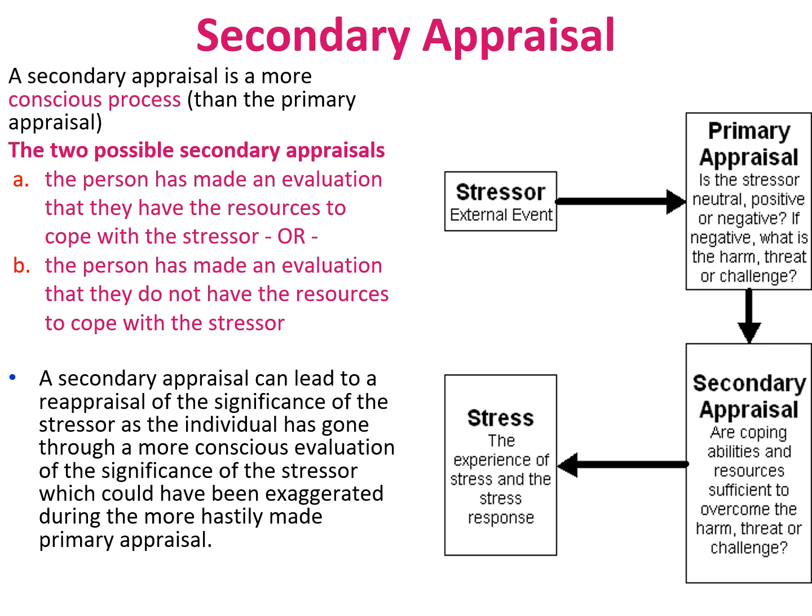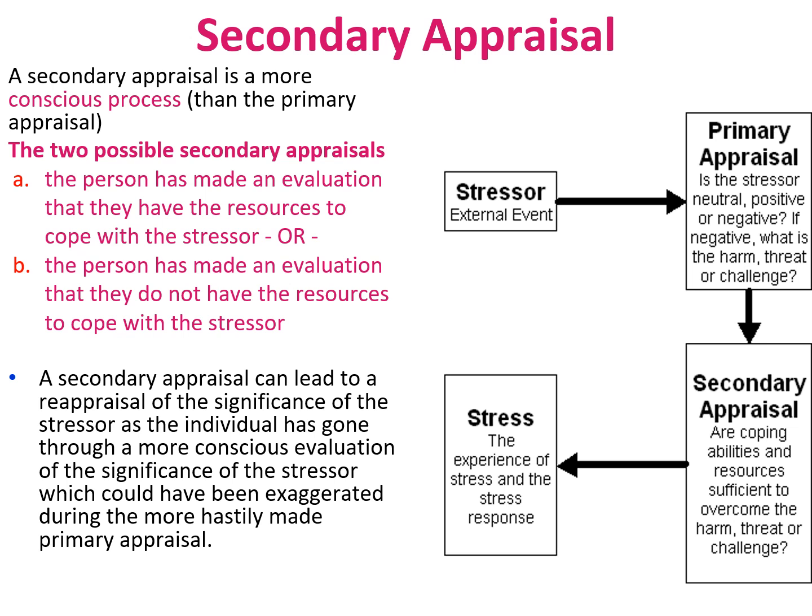Now, importantly, we're only going to make a secondary appraisal if we have appraised it as significant. There's no need to make a secondary appraisal if it's benign or irrelevant.